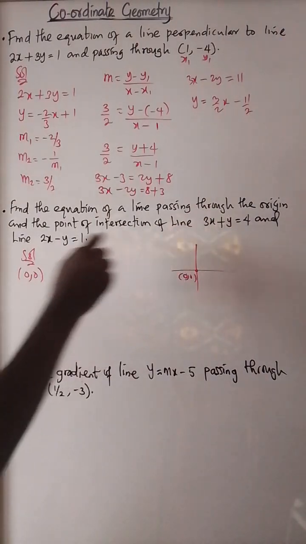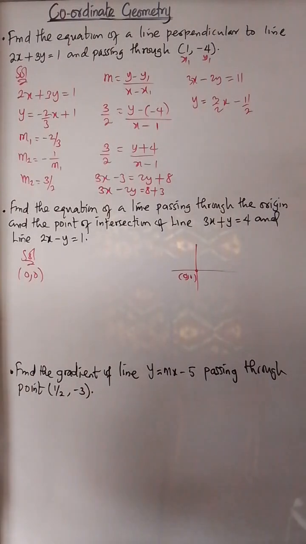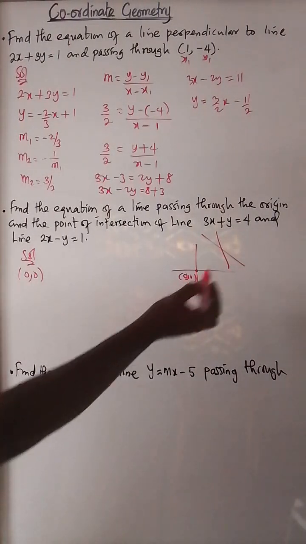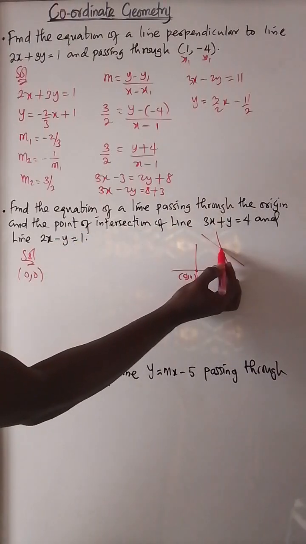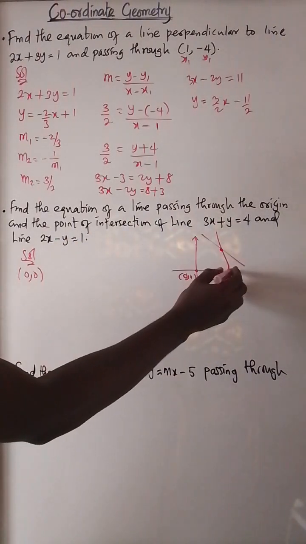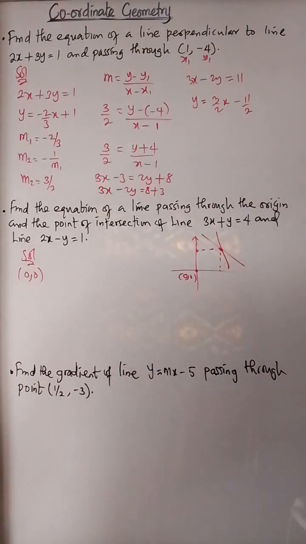Passing through the origin and the point of intersection of this line and this line. Here we have two lines. So let's suppose we have this first line and this second line. These two lines intersect here. Any point, if two lines cross each other, that point of intersection, if you trace to the x-axis and y, it means at that point they will have equal value of x and y.